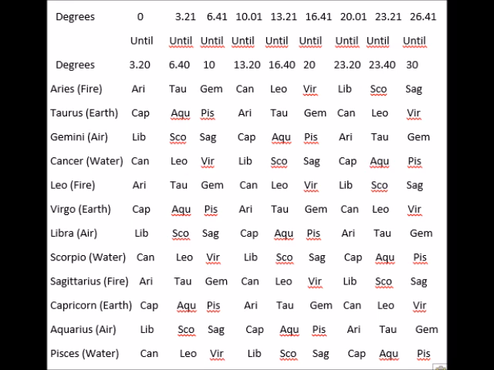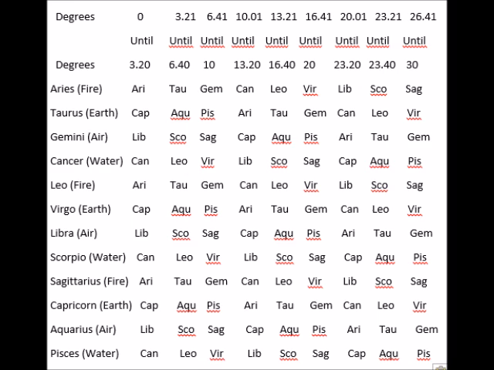And the rule which the ancient sages of Vedic astrology have given is that the first division, which falls between 0 degrees and 3 degrees and 20 minutes, in a fire zodiac sign, and Aries, as you see on the screen, is represented as a fire zodiac sign, will start from Aries. So the first zodiac sign until 3 degrees and 20 minutes would be Aries.